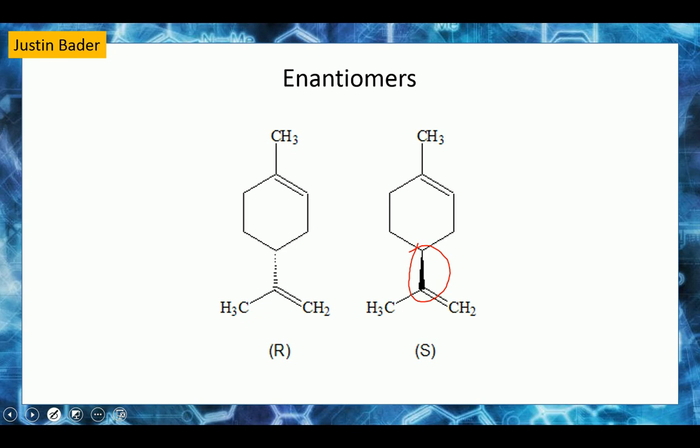You will see that they are mirror images of each other, and they are non-superimposable, meaning you cannot put them on top of each other, meaning basically that they are not the same molecule when you flip it around.